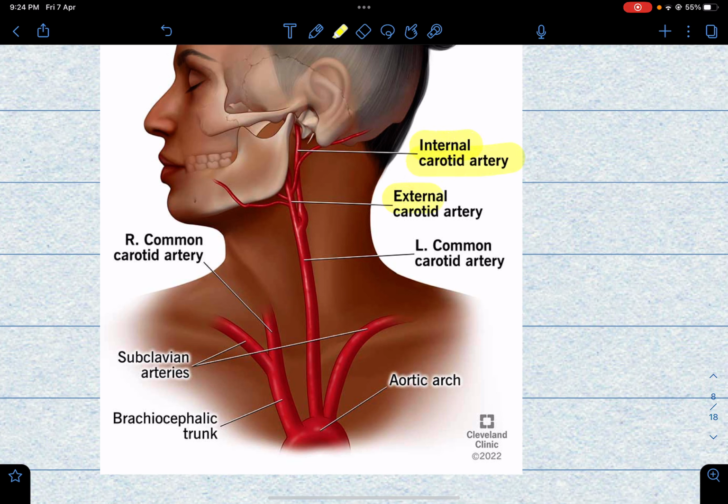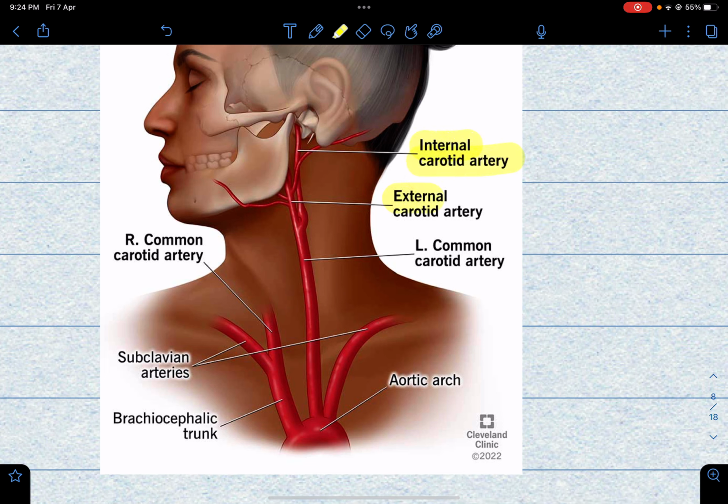And inferiorly is going to be the posterior belly of the digastric muscle. So this is the posterior, which is inferiorly, and this is the anterior. So anterior and posterior make the boundaries of the 1B or submandibular.